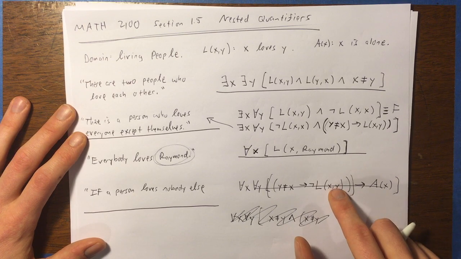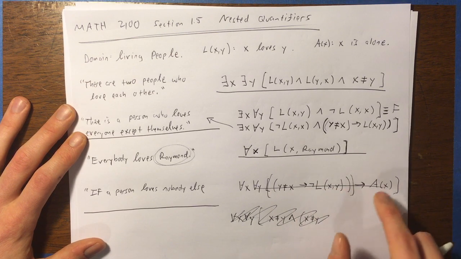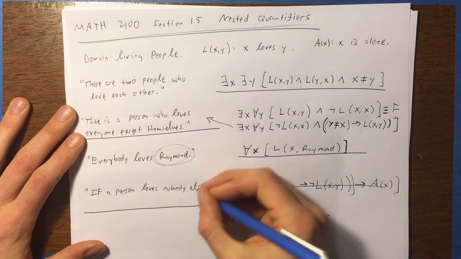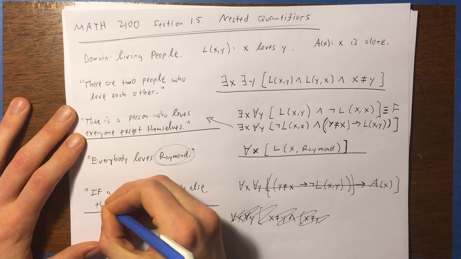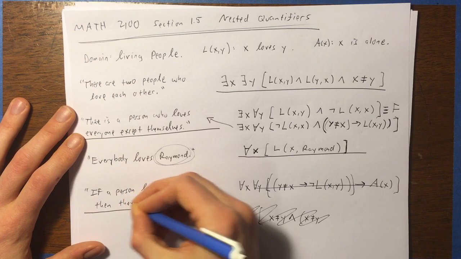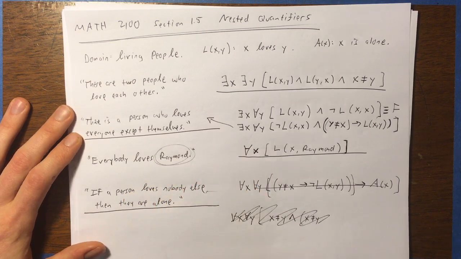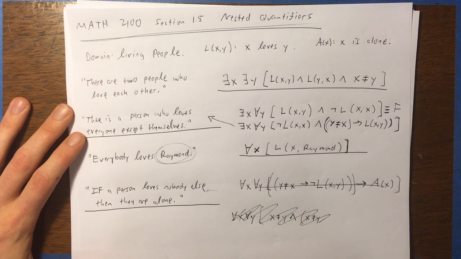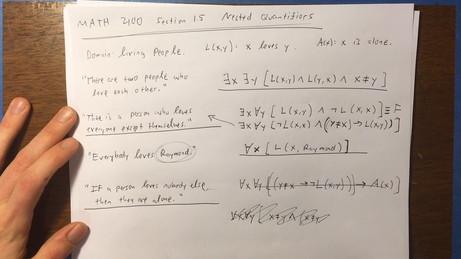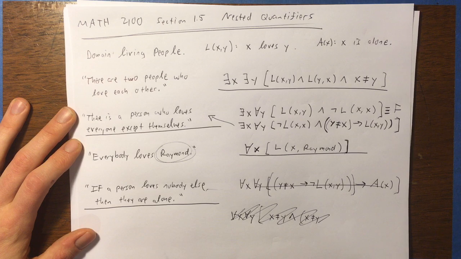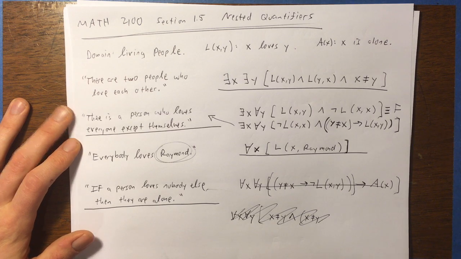X does not love Y. If that's the case, then they are alone. Which has nice, deep, sympathetic resonance. Has nice, deep, resonant truth to it, doesn't it? If a person loves nobody else besides possibly themselves, then they are alone.